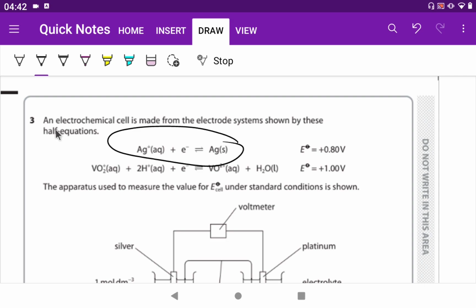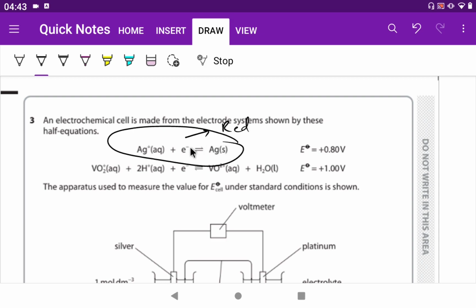Question 3, an electrochemical cell is made from the electrode system shown by these half equations. What is happening here? Ag plus is taking one electron and becomes Ag solid, and VO2 plus aqueous plus 2H plus aqueous plus an electron is converted into VO2 plus aqueous and water liquid. So this is reduction.